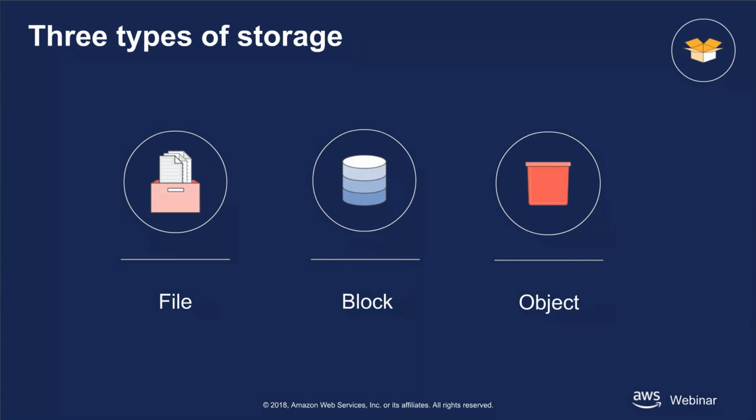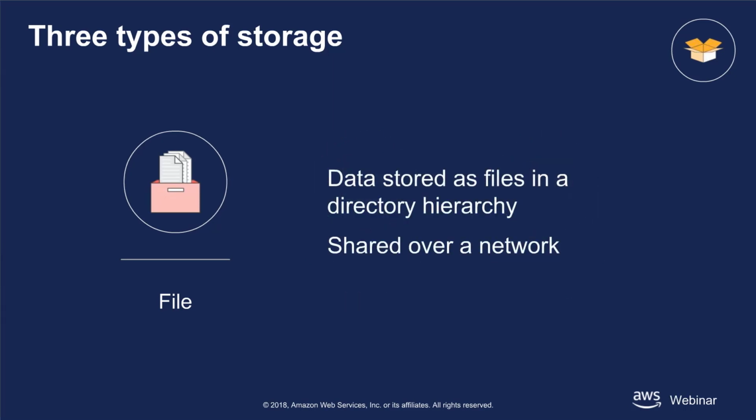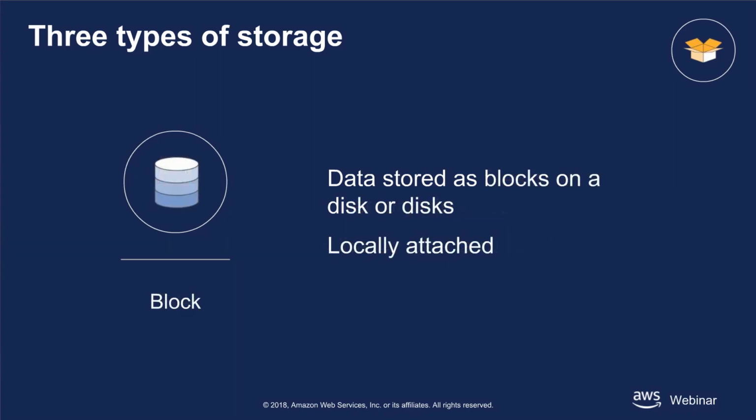There are three fundamental storage types that I'll just touch on before we dive deep on the Amazon EFS architecture. First off, file storage is the typical storage type everyone uses when they want to share files between a group of users or applications.